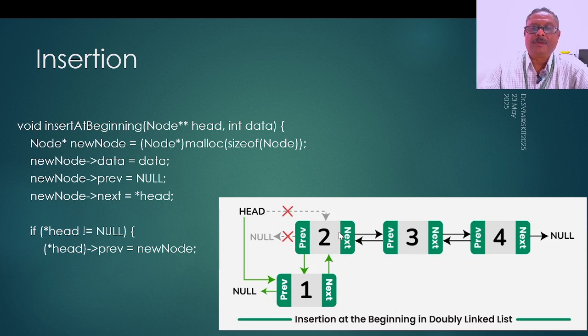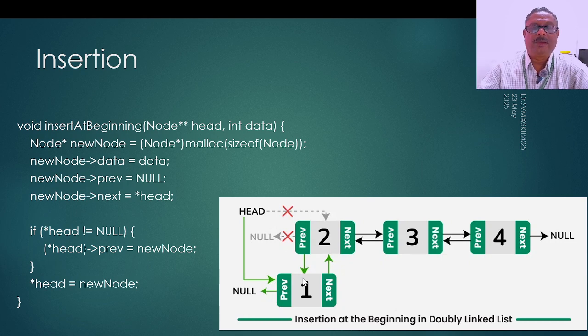So from this node we create this link. So the previous of this node is now the new node, and the head is now the new node. So from now onwards, this new node will be the head. So that's the sequence of activities done.